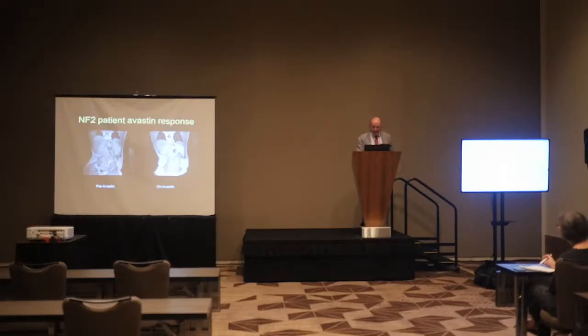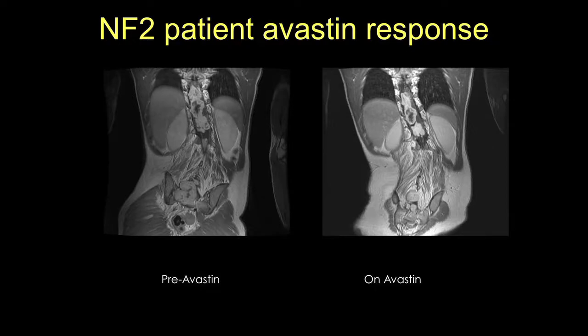And just to slightly go into Jayshree's territory, she's going to come next. This is treatment of spinal schwannomas with the drug Avastin in NF2. And you can see here that this mass of tumors here shrunk on Avastin. And this lad was in a wheelchair, he'd lost his bowel and bladder function, and he's now running around 5 years later on a low dose of Avastin.